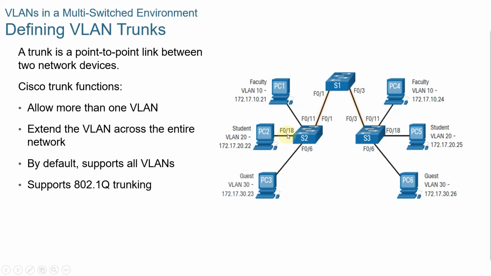Now in the figure here, the highlighted links between switch 1 and switch 2, Fa0/1 and Fa0/1, and between switch 1 and switch 3, Fa0/3 and Fa0/3 on switch 3 respectively, are configured to transmit traffic coming from VLANs 10, 20, and 30.